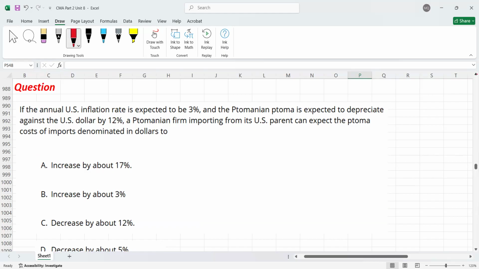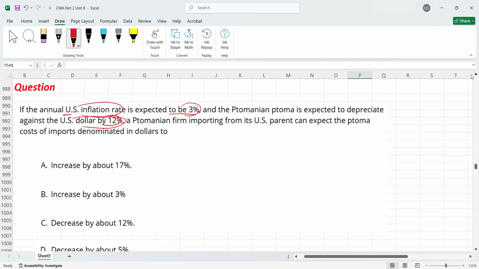They're saying if the annual US inflation rate is expected to be 3%, this is the inflation rate in the USA, and the Potomanian currency, Potama, is expected to depreciate against the US dollar by 12%.